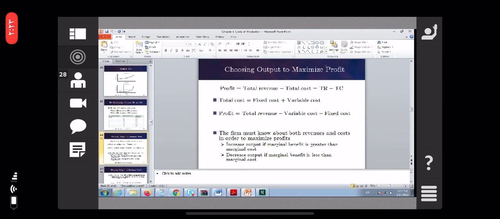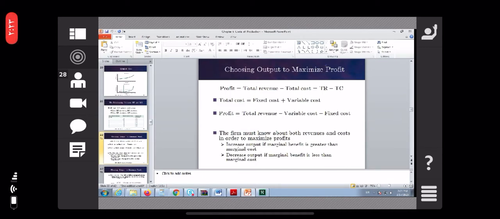So the output will be maximized if the marginal benefits, and that's what we learned from chapter 1 and 3, is greater than the marginal cost. We said always in cost and benefits analysis, if the marginal benefits are greater than the marginal cost, go on and continue producing or continue consuming if we are talking about only benefits.